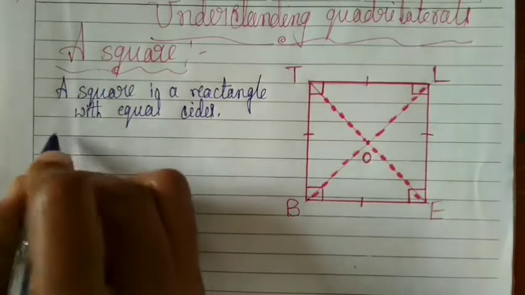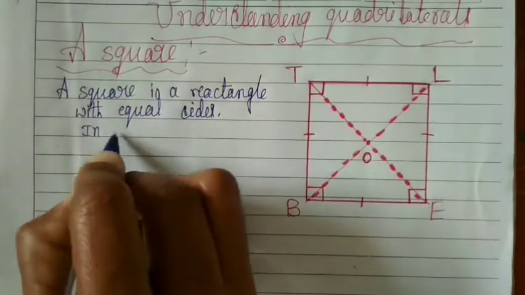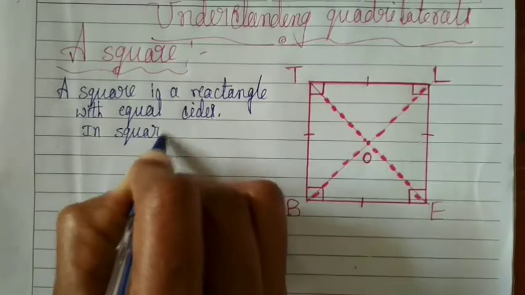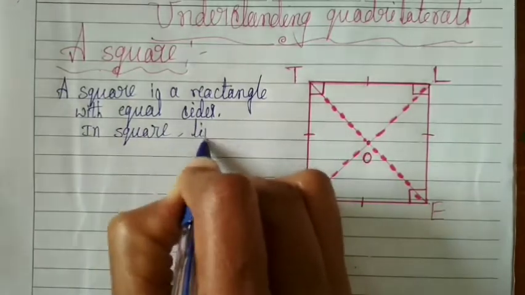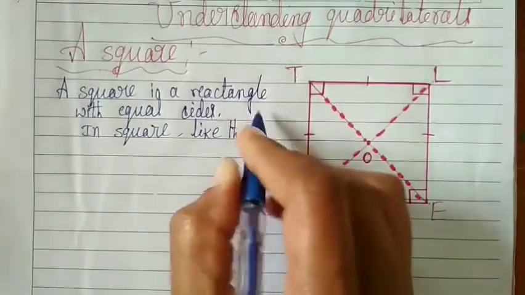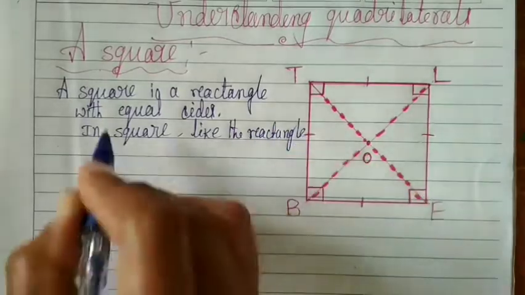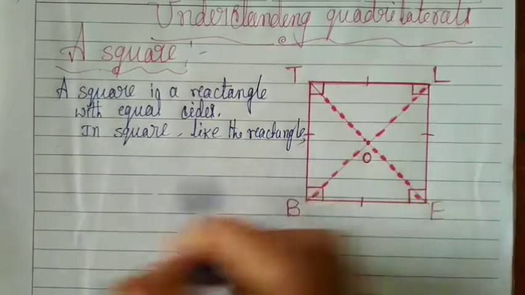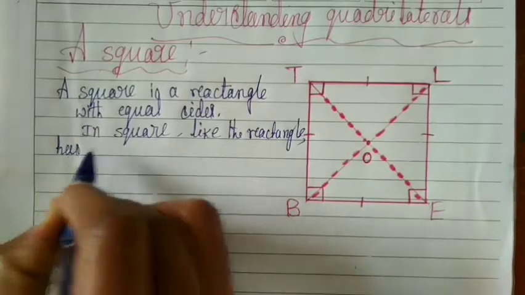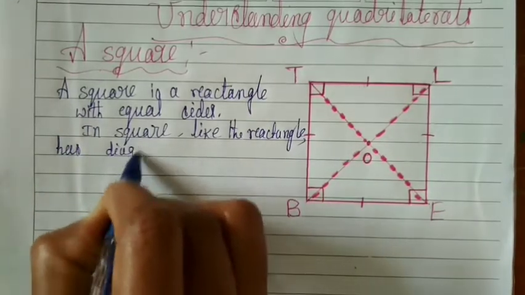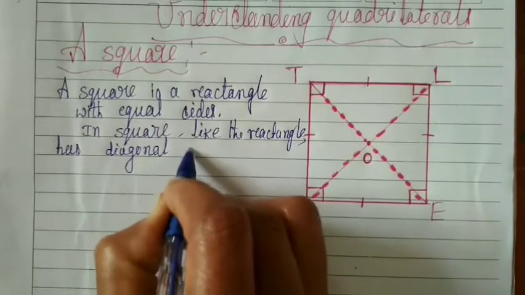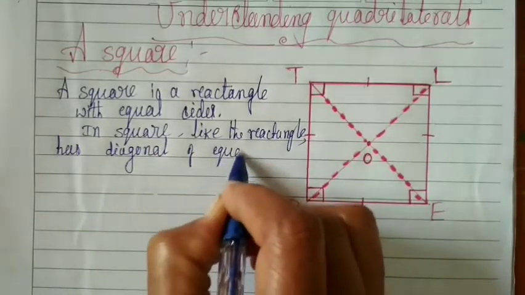In a square, like the rectangle, the diagonals are of equal length.